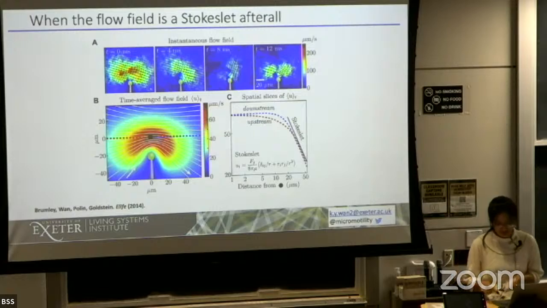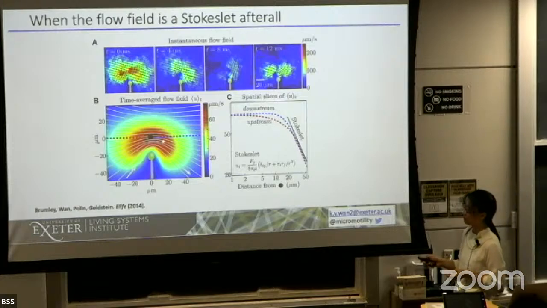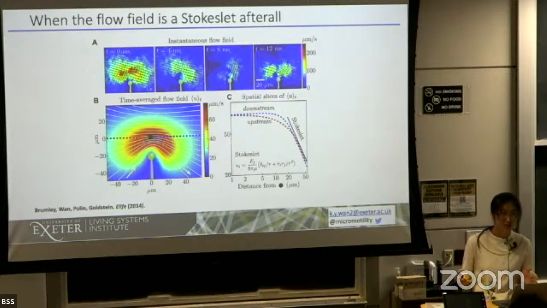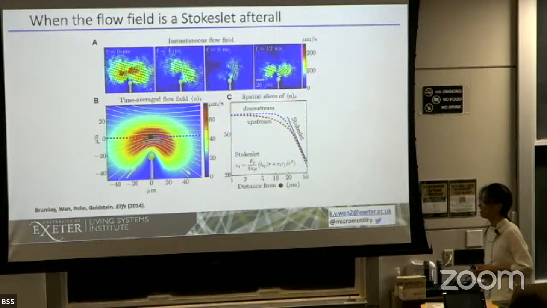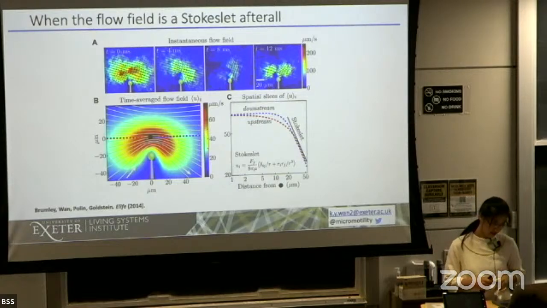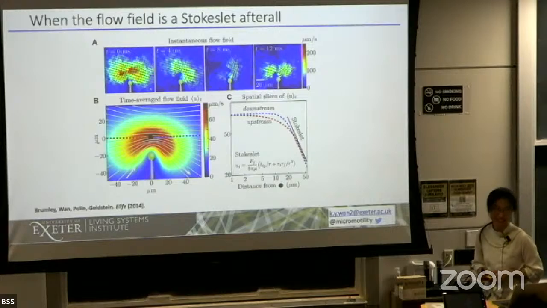And just to convince you that this really is a Stokeslet decay, what you have to do is measure far enough away from the source, from the origin: how does the average flow magnitude vary as a function of distance? You'd expect the leading order behavior to be 1 over r, which is represented by this linear fitting.